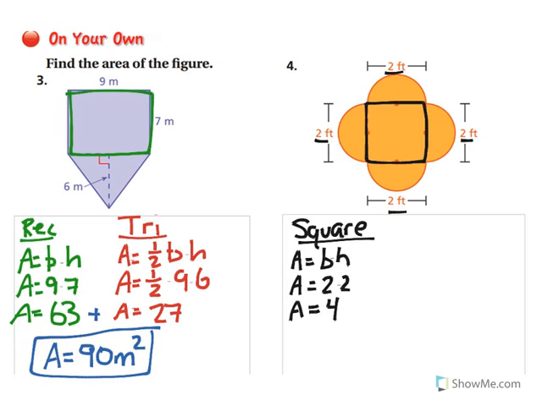Then I notice I have 4 semicircles. If I have 4 semicircles, that means I have 2 circles. So I'm going to do circles. And I'm going to go ahead and put down area equals pi r squared.